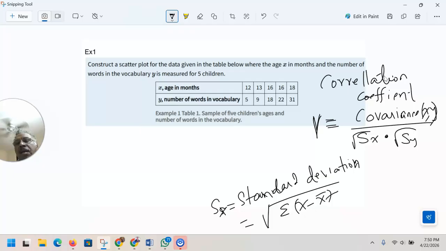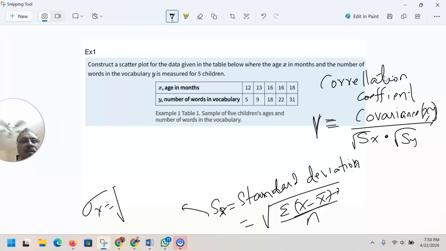X bar is the mean, and then you divide by n. Now, if it is the population, if you consider the whole population, meaning everyone, then they use sigma x. So that's the difference. The only change is instead of n, the denominator is n minus 1. What you get is, suppose I forgot this square, so you have to see this x minus x bar.